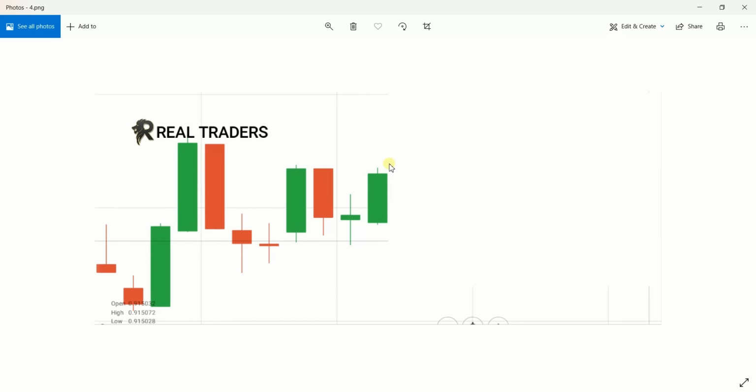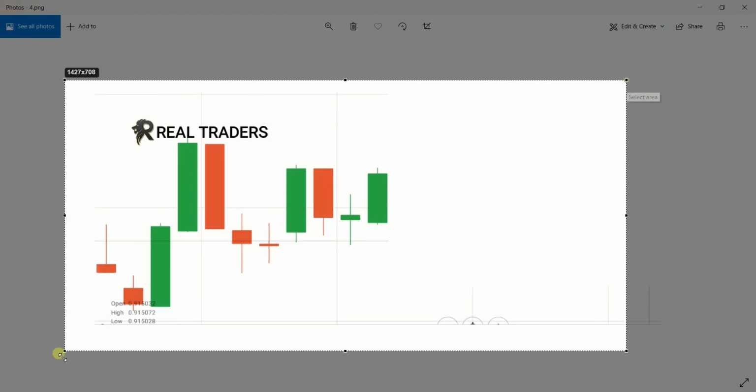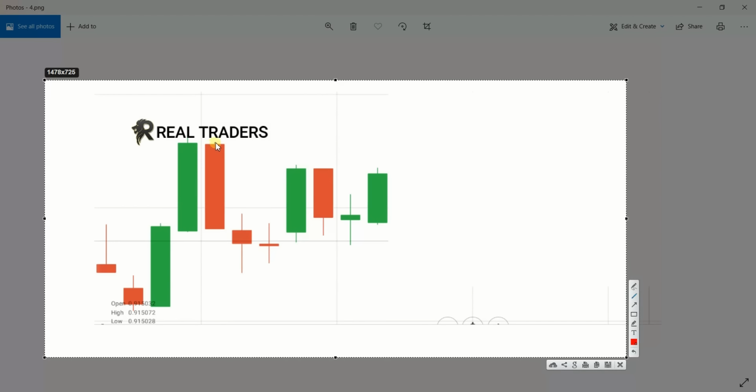Okay, so here you can see the candle made a bullish candle. So we have a resistance level here, and also we have a level here. You can see it broke this trend line, and if you draw clearly here, you can see there is still a small gap.